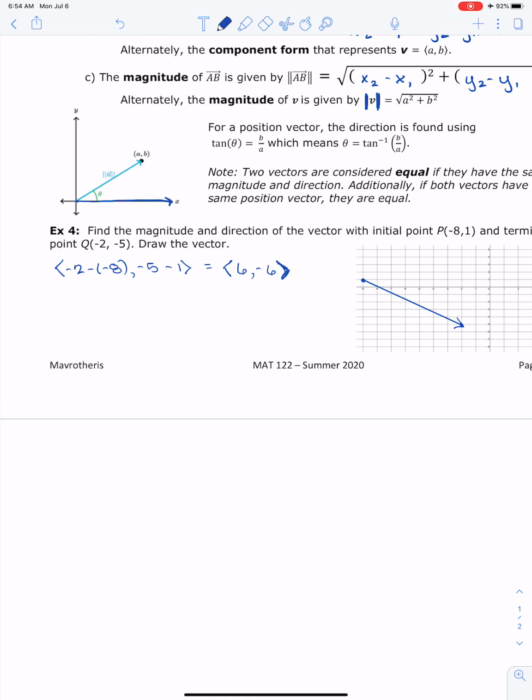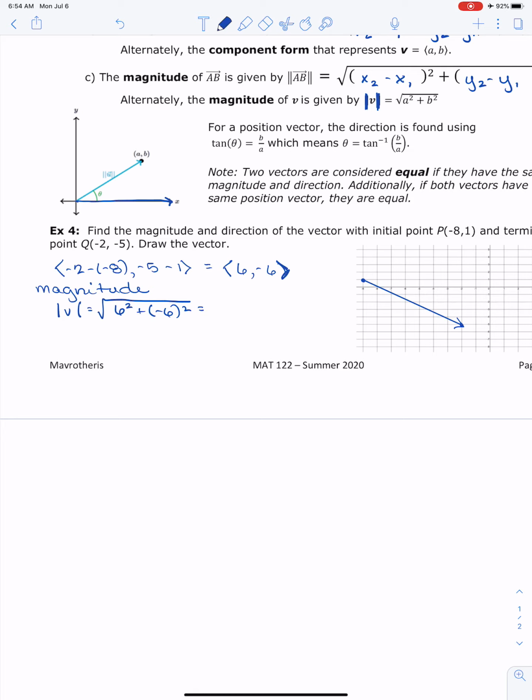Okay. So to find our magnitude, let's label this mag. I'm going to call the vector v. It's the square root of the distance between the 2 points. You guys notice that we just cranked out that distance. So I'm just going to use the values from that position vector.